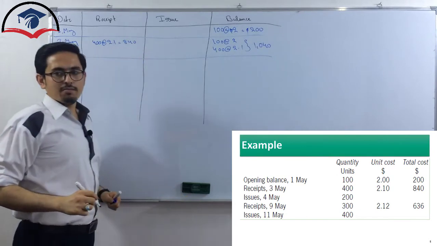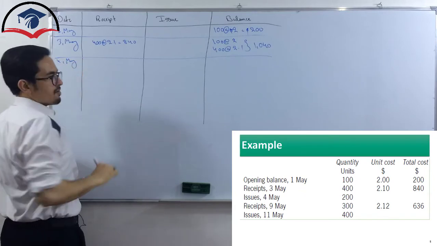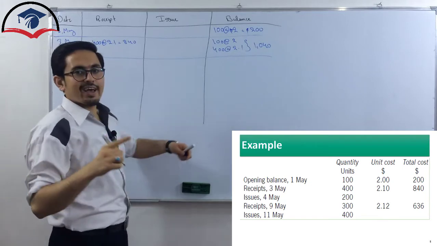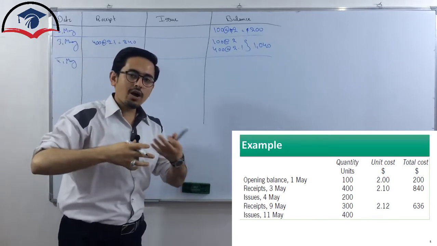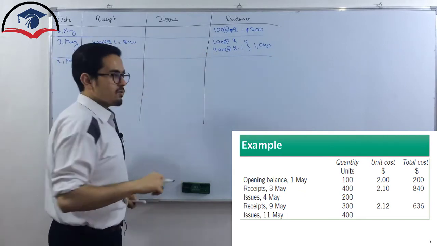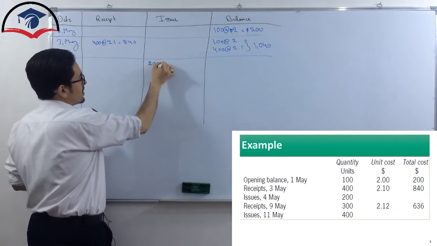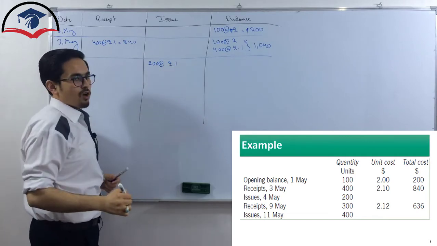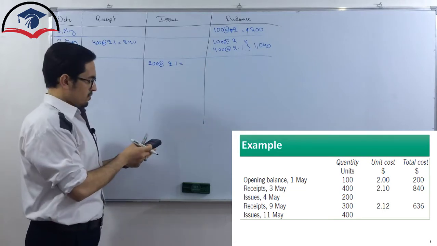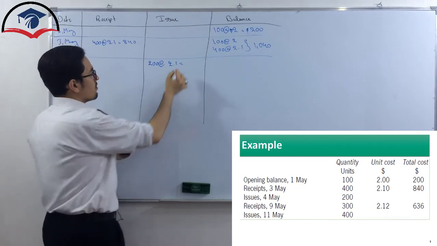After that, we have some issue on the date of 4th May. There is an issue of about 200 units. It is totally opposite to the FIFO. We're gonna issue from the last item which entered the stock or warehouse. So 200 units will be issued at the rate of $2.1 from these 400 units. 200 multiplied by 2.1 equals $420.